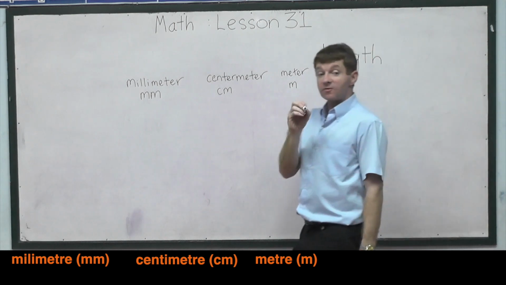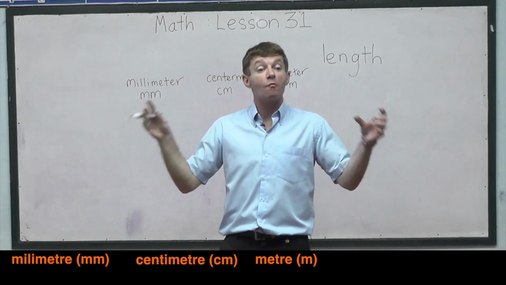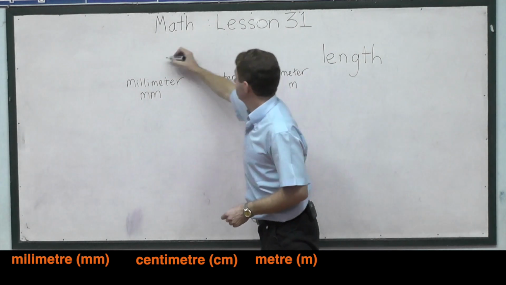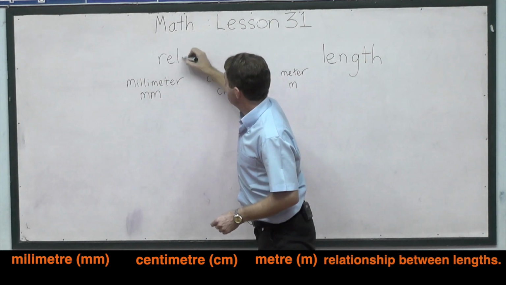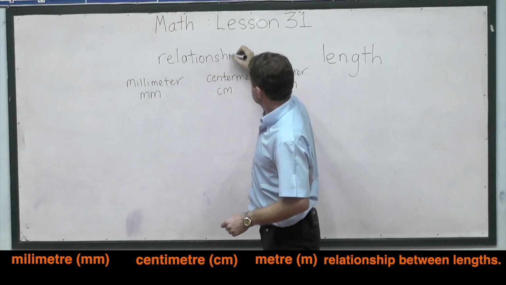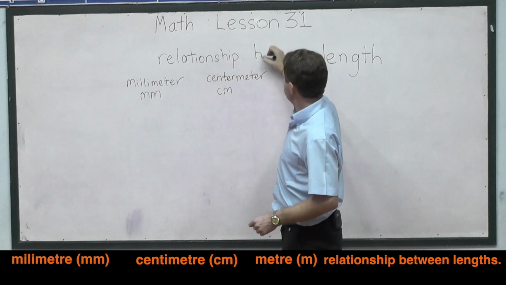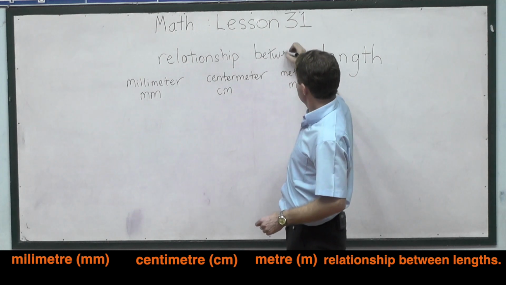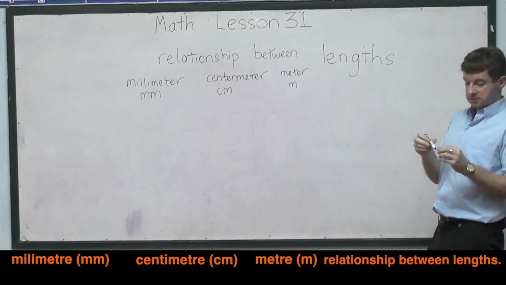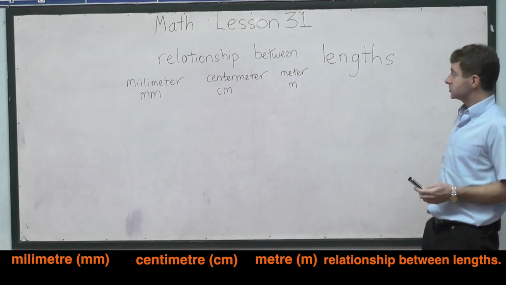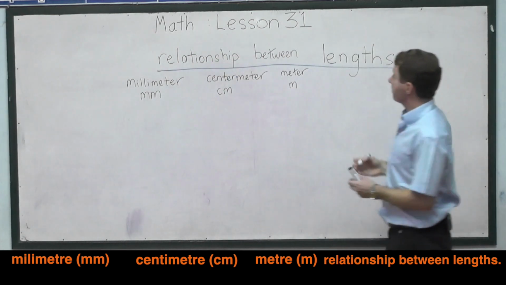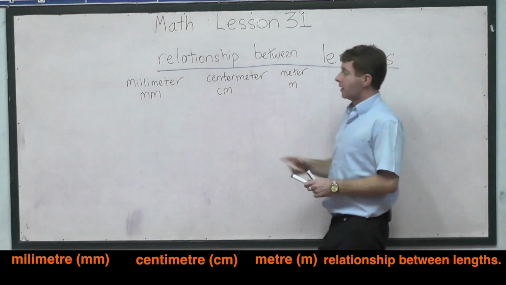So what we're going to do is look at the relationship between lengths, and now we have three of them. Let's put a blue line under the title, relationship between lengths.